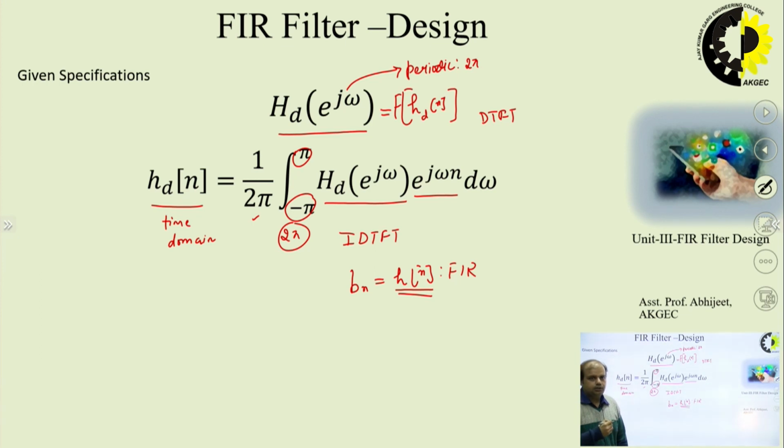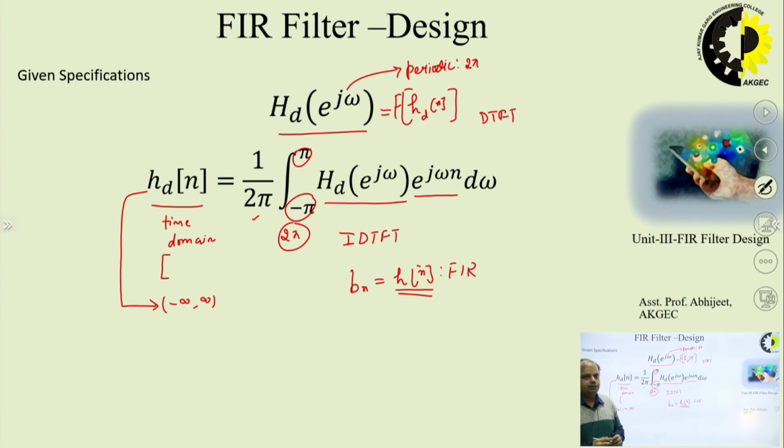Now, what is to be understood at this moment is that when we evaluate the inverse DTFT, this hd of n in time domain is from minus infinity to plus infinity. This is not truncated.